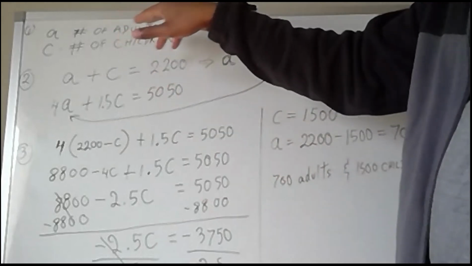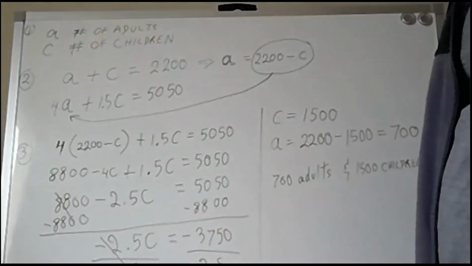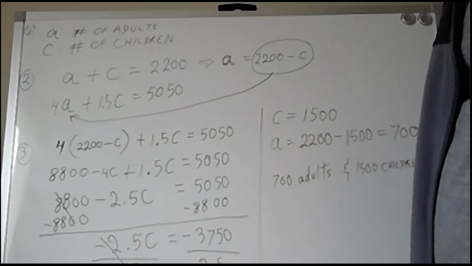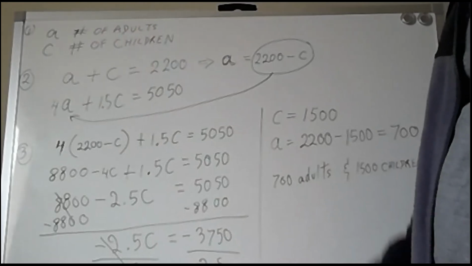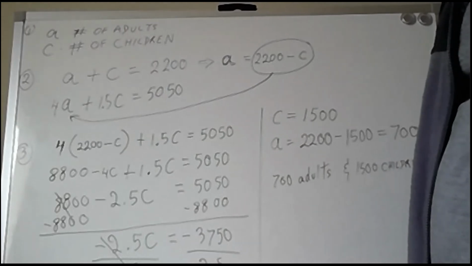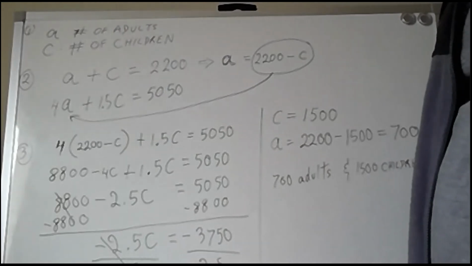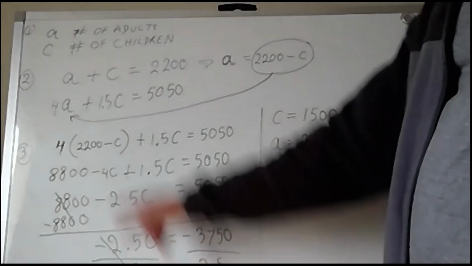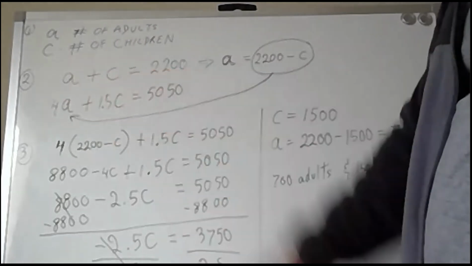We said A represents number of adults, C represents number of children. Then we came up with two equations, or a system of two equations, all right? We were told that there were 2,200 people in all, or total. So we said, okay, that means number of adults plus number of children equals 2,200, all right?